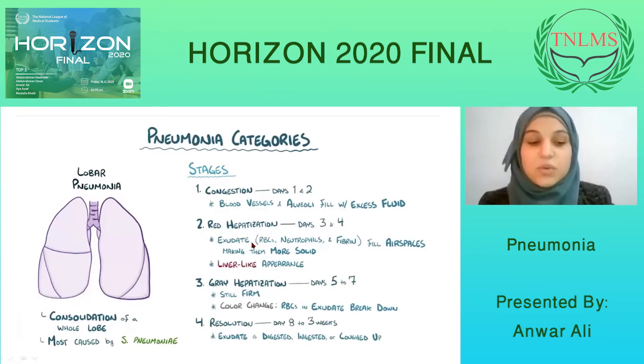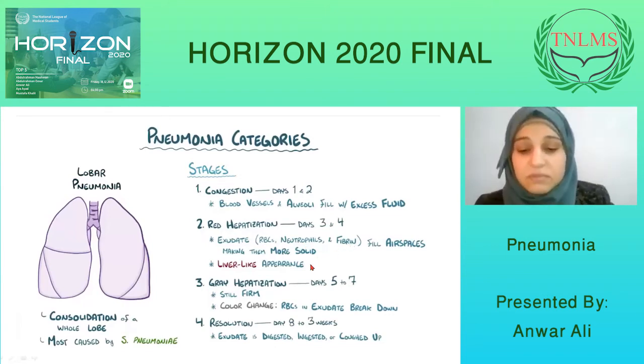This is where the exudate, which contains red blood cells, neutrophils, and fibrin, starts filling the airspaces and makes them solid. The name hepatization refers to the lung taking a liver-like appearance, from the reddish to brown color of the exudate.